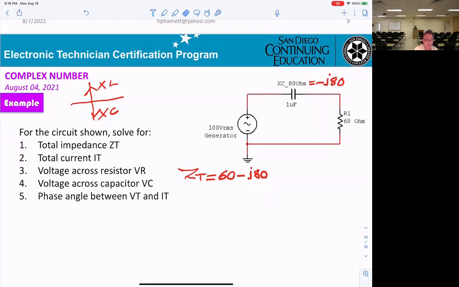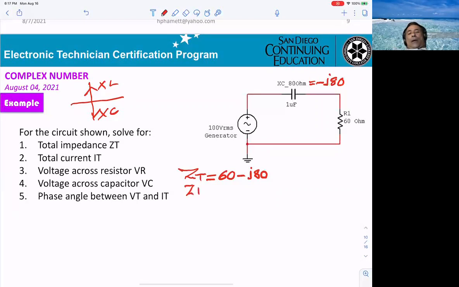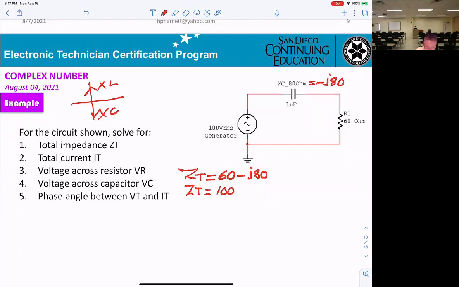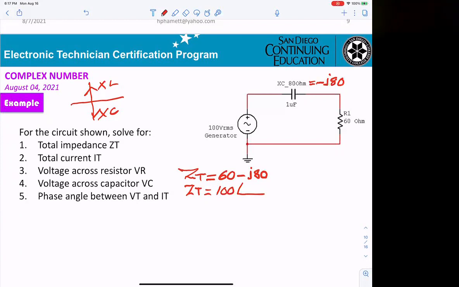Okay, so right now you're in rectangular form. I want ZT in polar form. You get 100 angle negative 53.1.